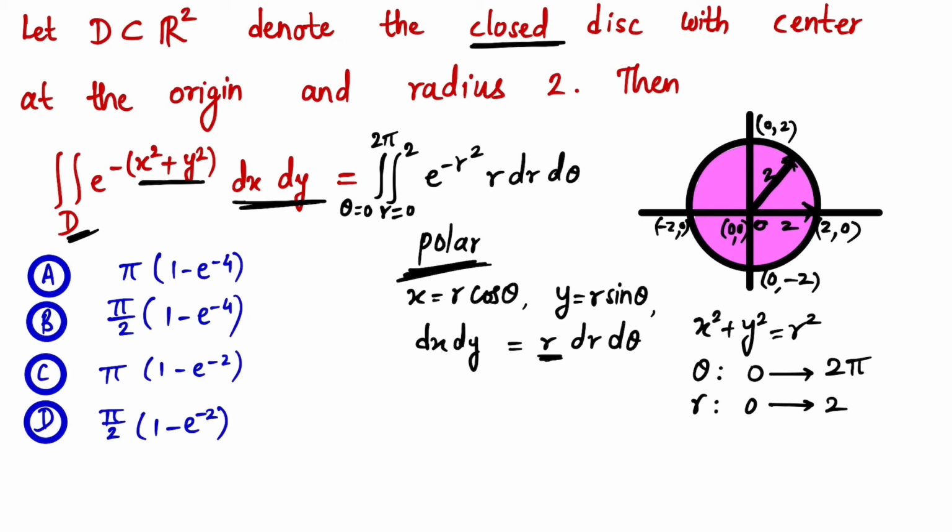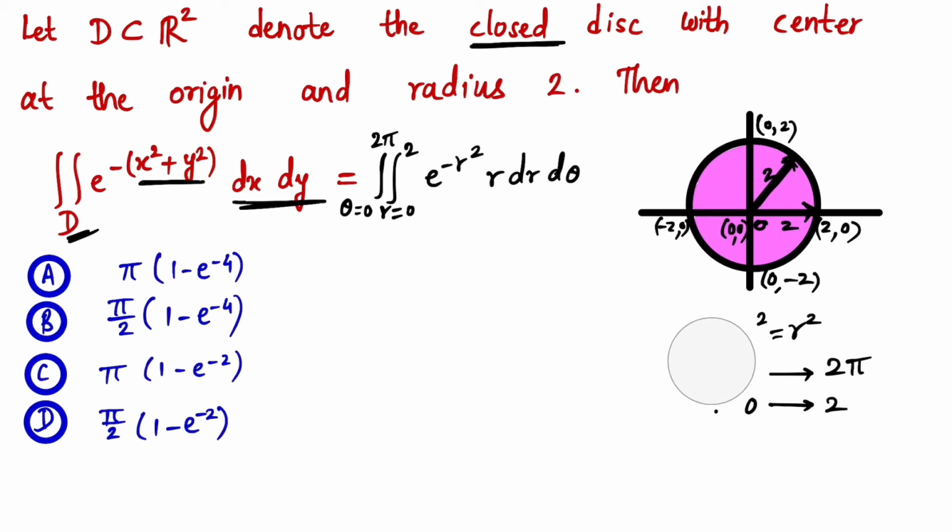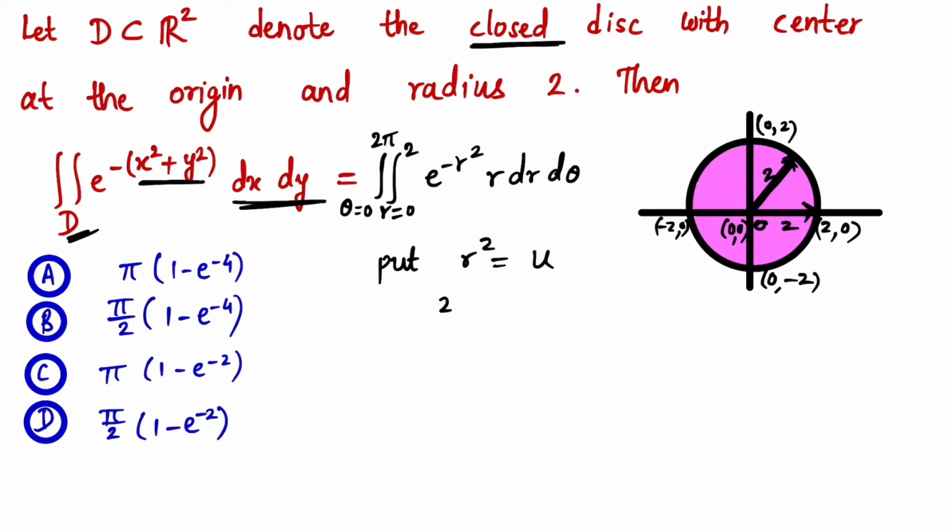We just have to solve this integration, and it is very easy because we can just put r square equal to, say, some variable u, then 2r dr is equal to du. So this gives us r times dr is equal to du by 2, right? And what about the limits of integration? Let me write this 0 to 2 pi as it is. When r is 0, u is 0 square, which is 0.